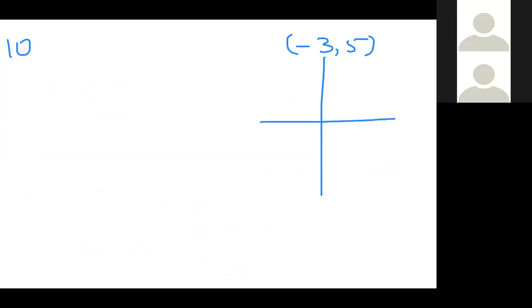Now the next question I'm taking, it's the 10th. Find the equation of the line passing through (minus 3, 5) and perpendicular to the line through the points (2, 5) and (minus 3, 6).